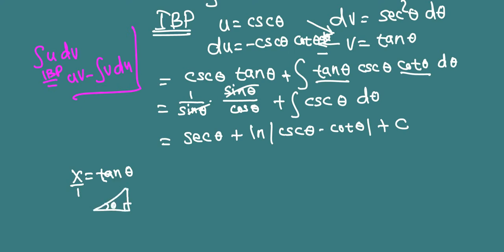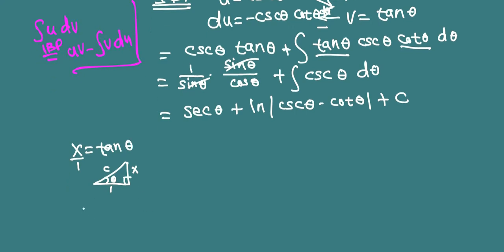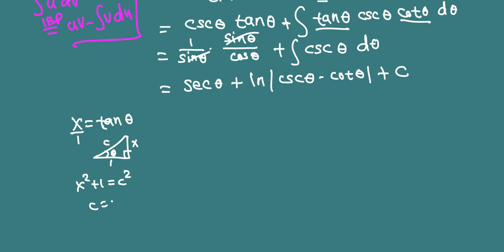Tangent is always perpendicular over base, height over base, so x over 1. a squared plus b squared equals c squared, then we can find c. So c is in fact root x squared plus 1, or 1 plus x squared, doesn't matter.